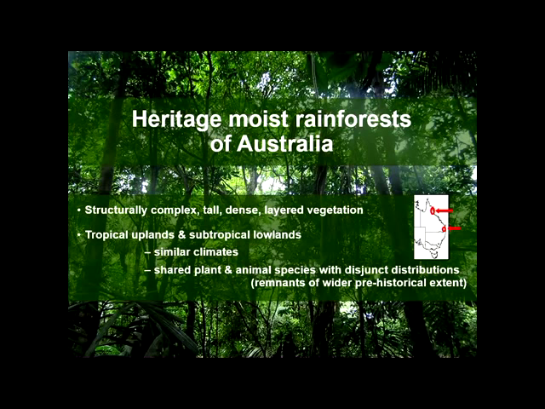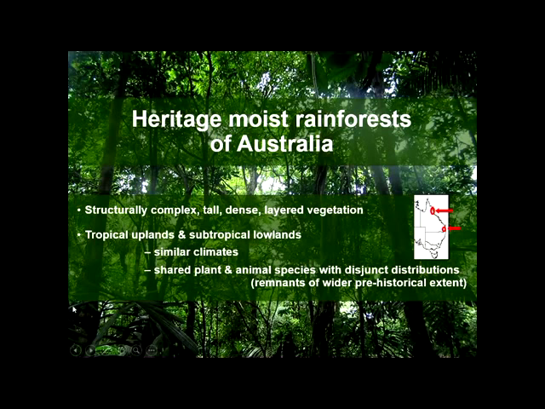These are, you might say, the jewel in the crown. Very structurally complex, full and layered. And I'm going to look at the tropical uplands and subtropical lowlands, which actually have very similar climates.